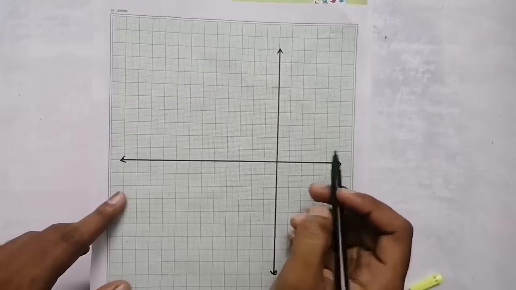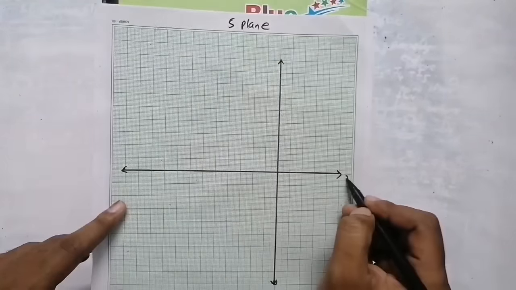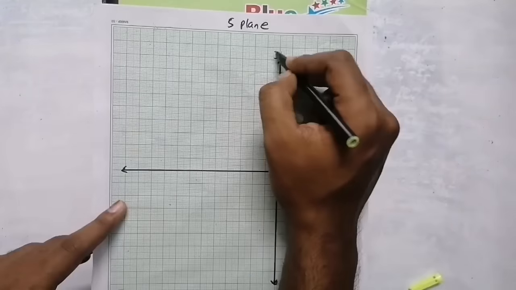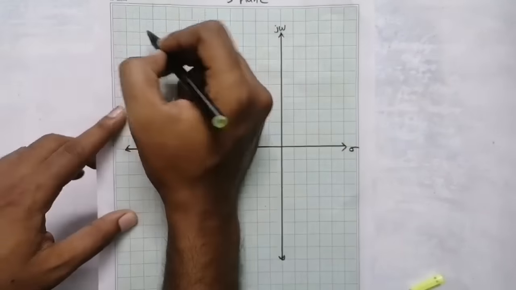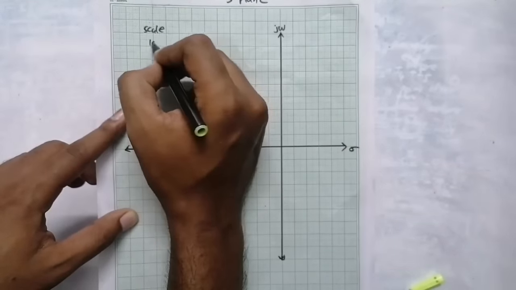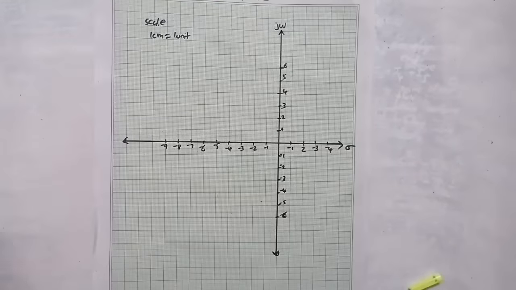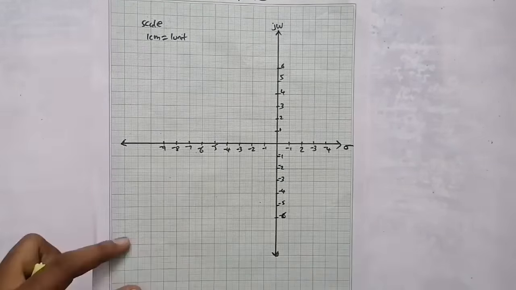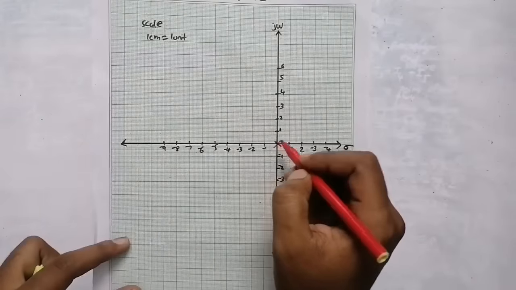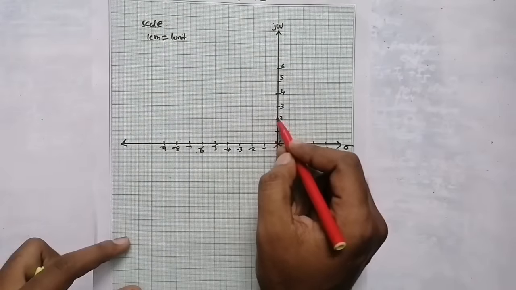Now here the graph is in S-plane. In S-plane, this is sigma and this is j omega, the imaginary axis. First of all, write the scale. Scale 1 centimeter is equal to 1 unit. So in the first step, we need to locate poles and zeros. Poles are at 0, we have a pole, then minus 2 plus 2.64.